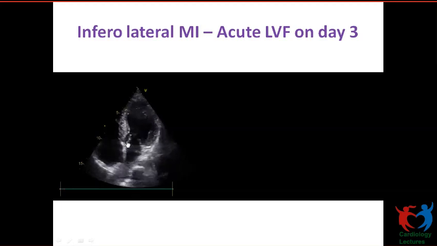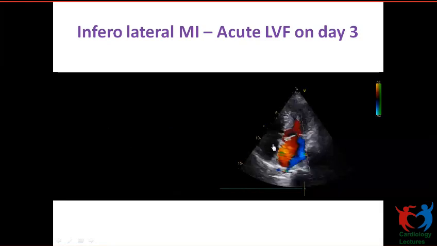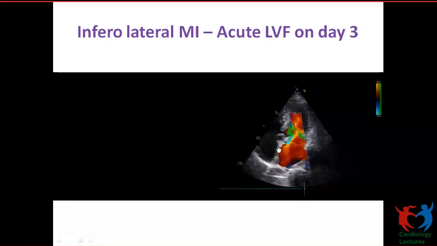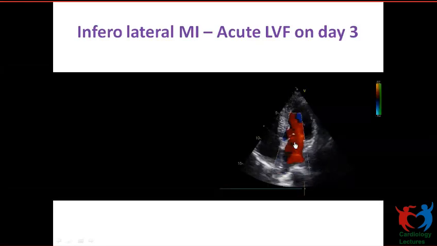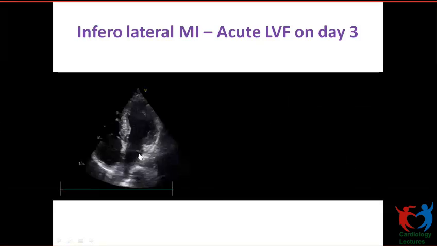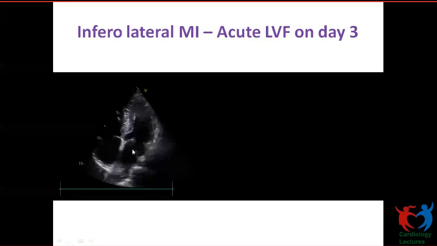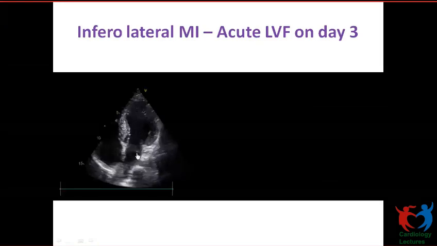But here, which is the most affected leaflet? You can decide. AML. Anterior seems to be more affected. The jet, here the anterior leaflet looks flail, with the tail of the papillary muscle attached to that.